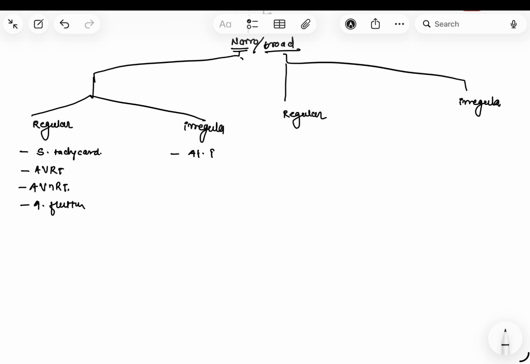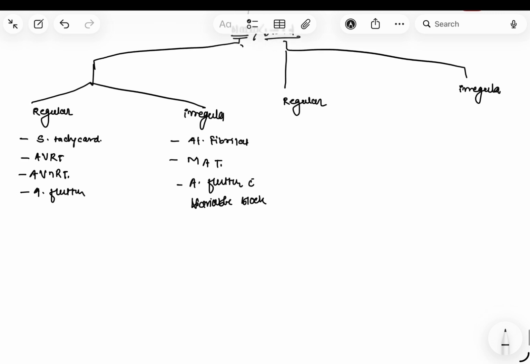What about the irregular one? Atrial fibrillation, multifocal atrial tachycardia, we call it MAT, or atrial flutter with variable block. Then what about the regular tachycardia with wide QRS complex?